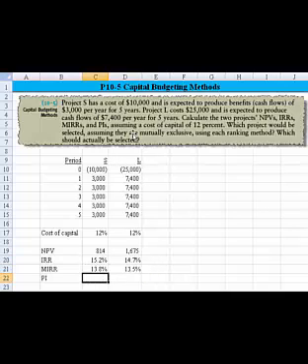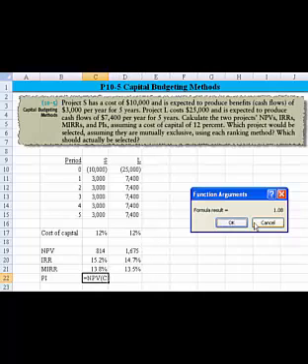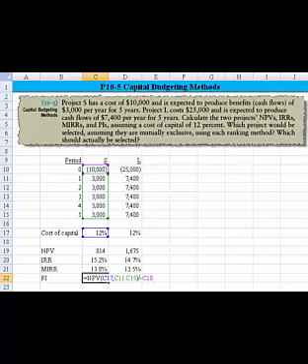Then we do the profitability index. Let's bring that to light. Now with the profitability index, let me hit my F2. The way I've done it is I use the NPV formula as the numerator. You take the present value of the inflows and divide it by the cost of the project. Now you could have used present value.